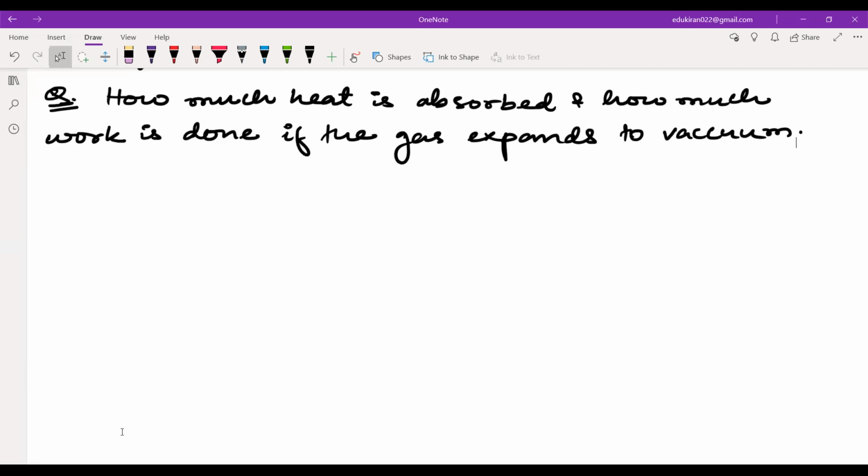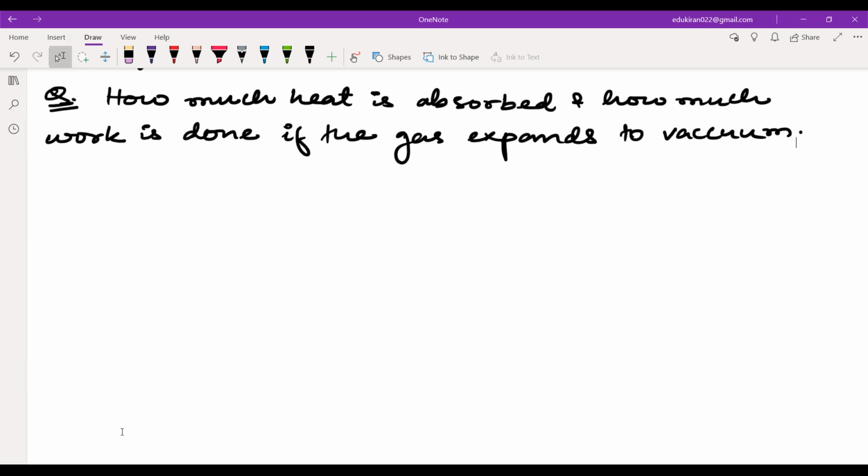Zero. Why zero? Work done, sir, because no external pressure. Well, I asked you something else. What is different here? It's in vacuum. What happens in vacuum? I think external pressure will be low. I mean zero. You think. No, I'm sure. Okay, fine.